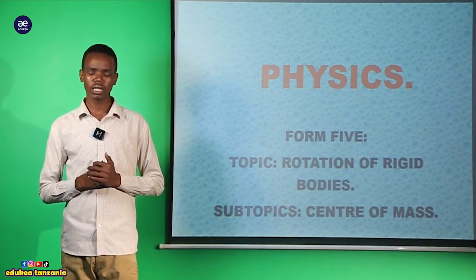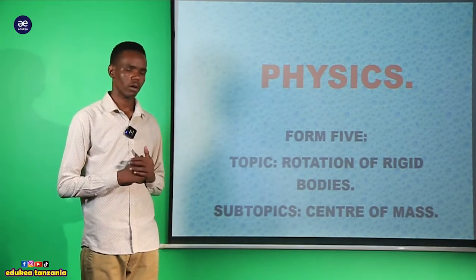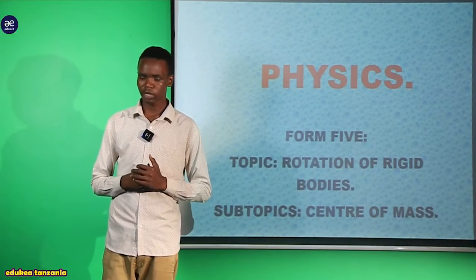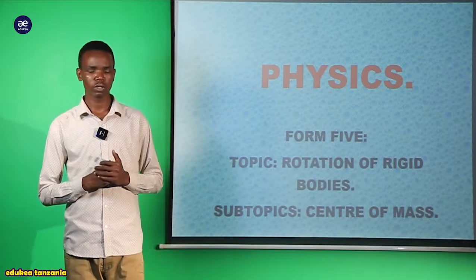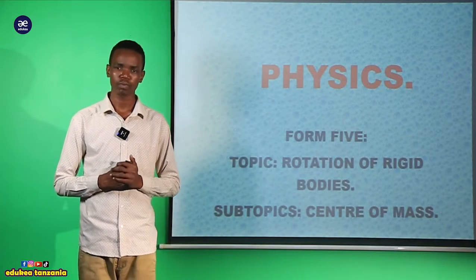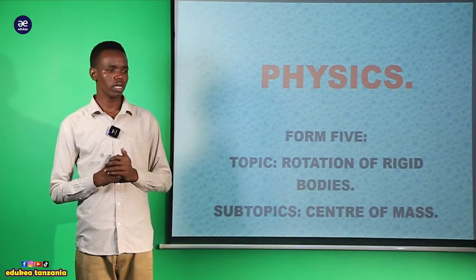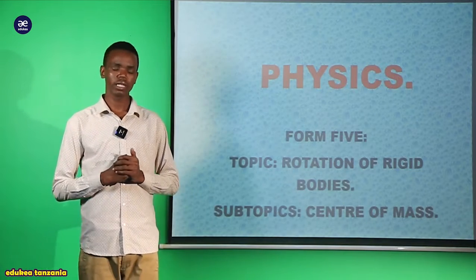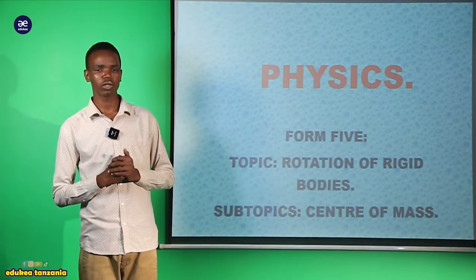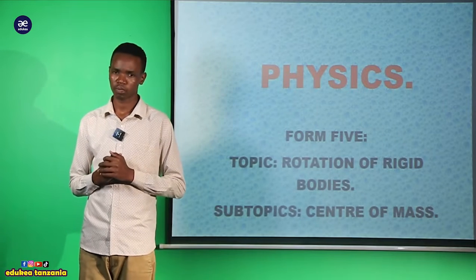So, my lovely students, before we proceed with our discussion here, we are supposed to remember what we tried to see in the last session. In the last session, we tried to see some examples related to what we saw in the past sessions.